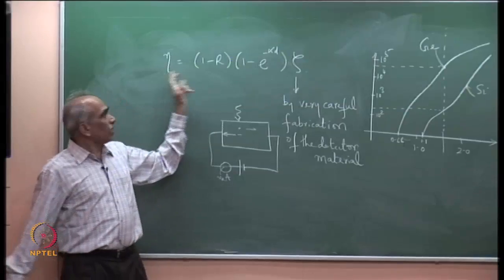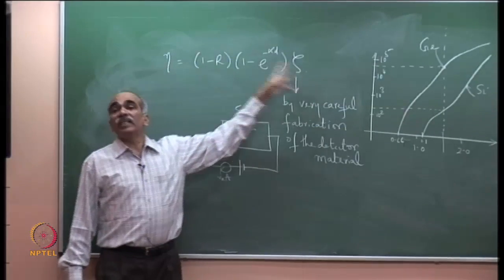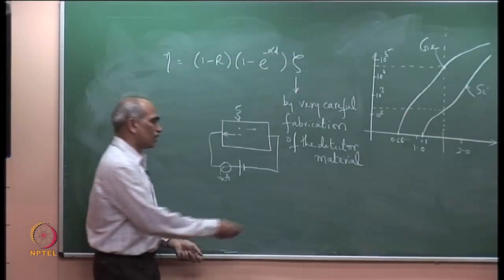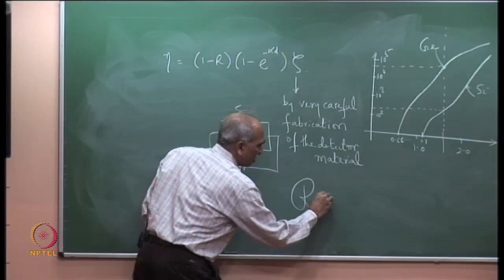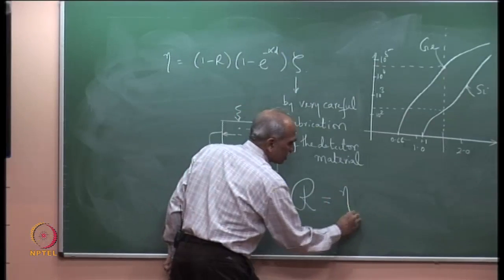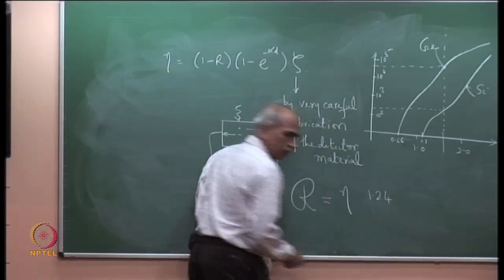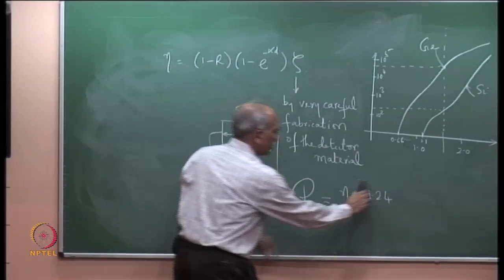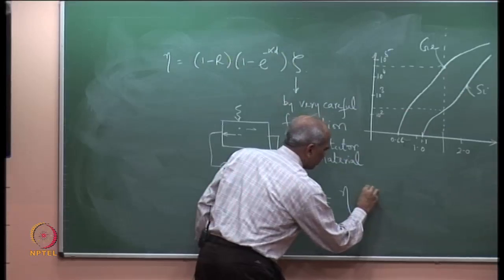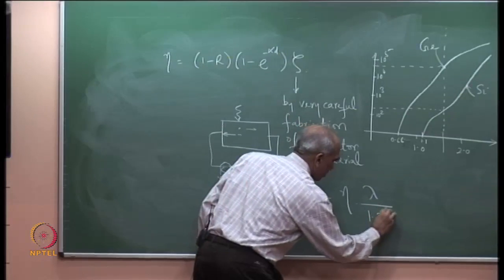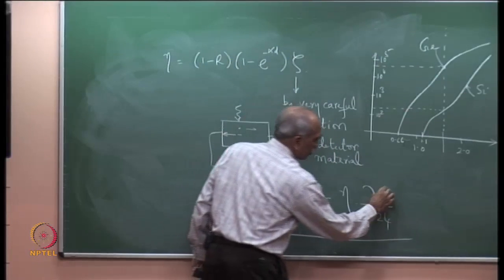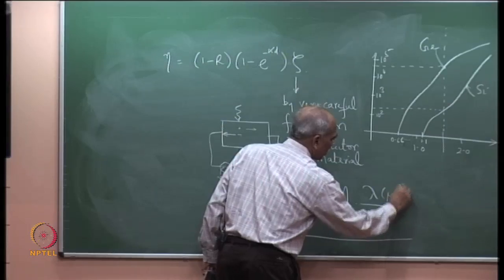We have got eta like this, and eta needs to be maximized because our objective is to have a maximum responsivity which is equal to eta into lambda divided by 1.24. Lambda has to be substituted in micrometers.